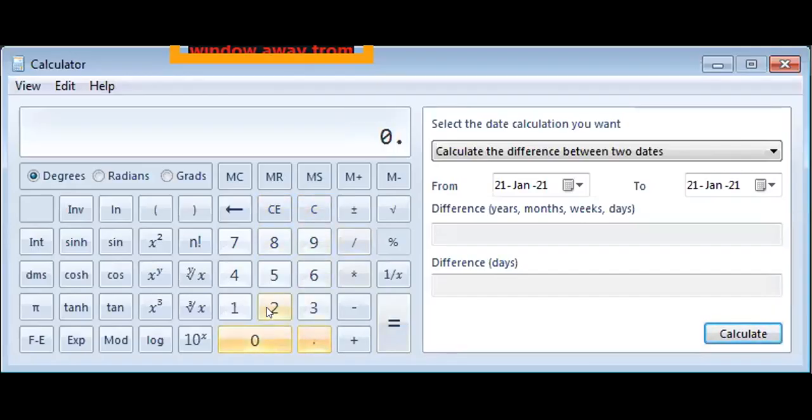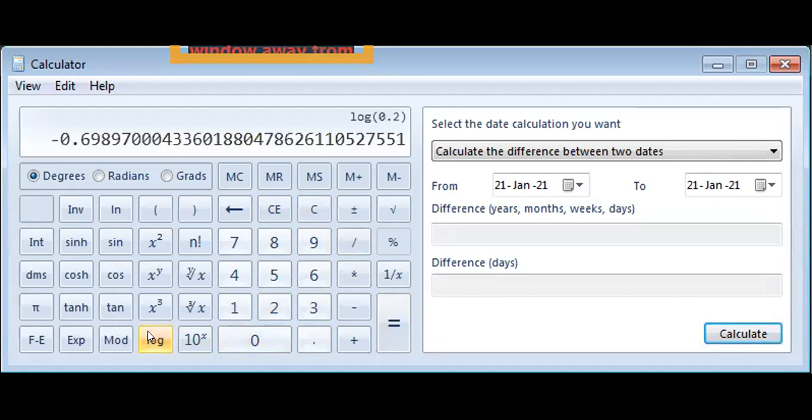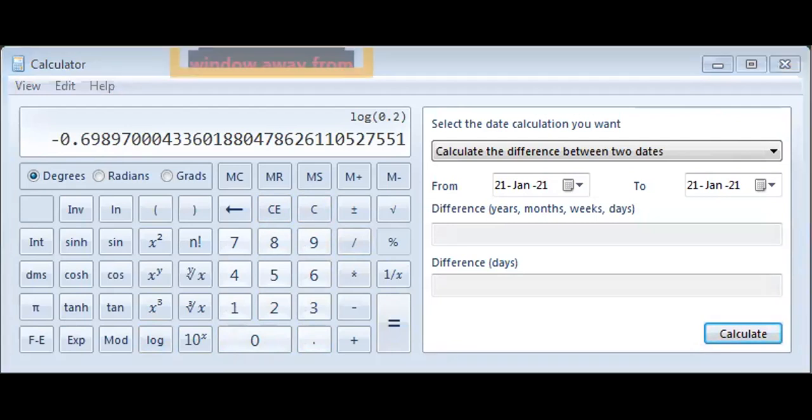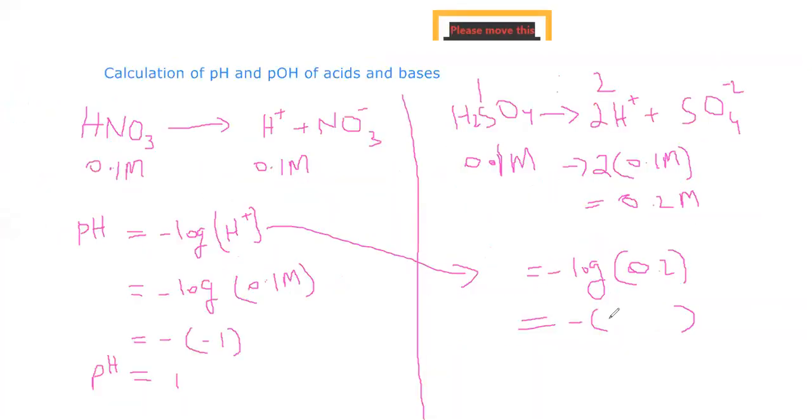So this is 0.2, this is the log, and the value is minus 0.698.